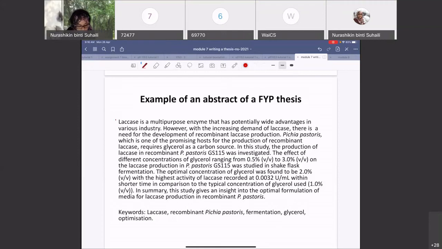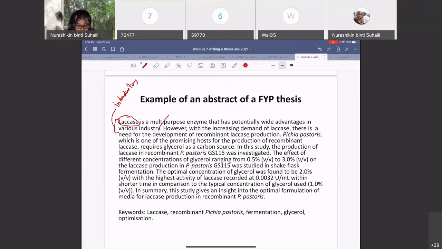Okay, so this one, why doesn't it need citation? This one is the introductory sentence, it describes the background of your research, whereby people will know that this research will be about laccase. Laccase is a multi-purpose enzyme.